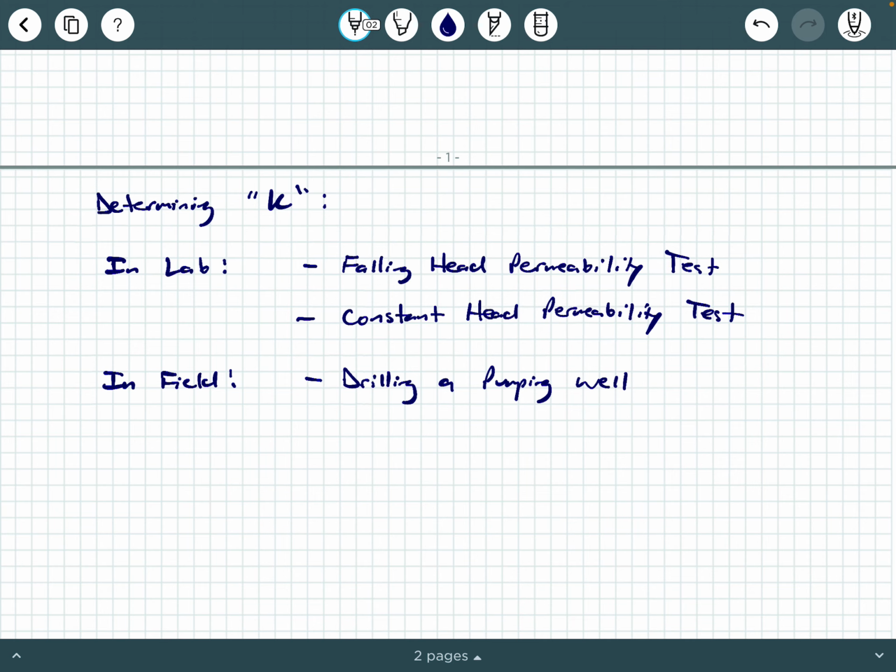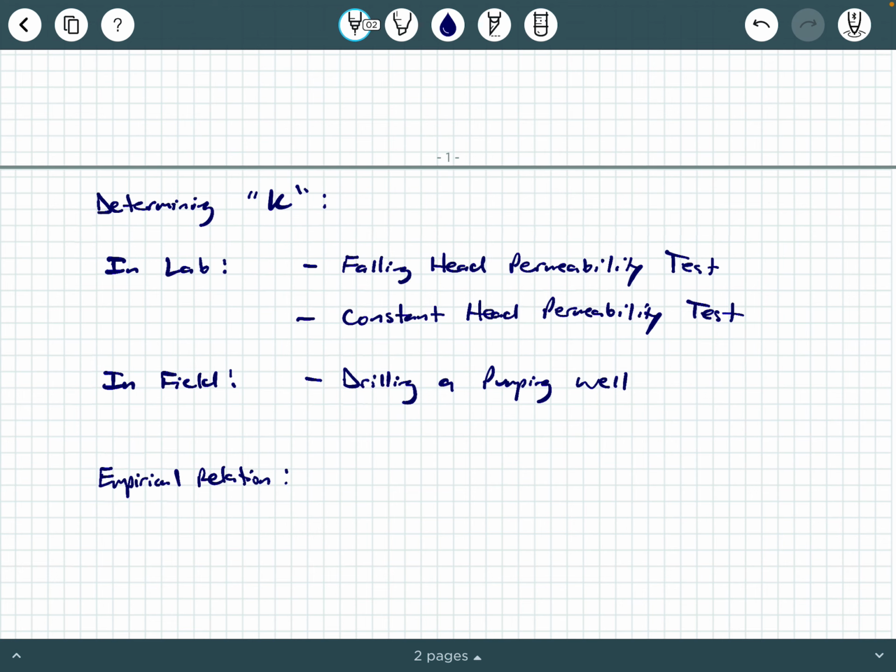We'll save that for another discussion in another video, but this can be done in the field. You can also use an empirical relationship.